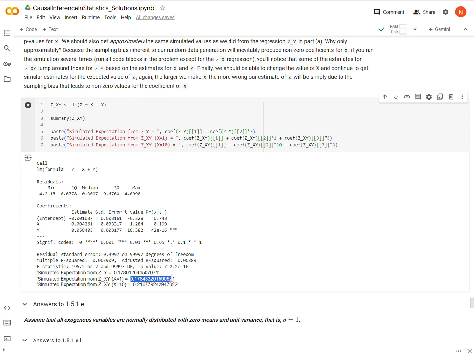So there is some pseudo relationship between x and z even after accounting for y, and that is just sampling bias. We can magnify that sampling bias if we set x equal to 10, and you see that pseudo relationship between x and z starts to blow up the expectation of z, but the extent to which this is above 3/16 is just due to sampling bias.